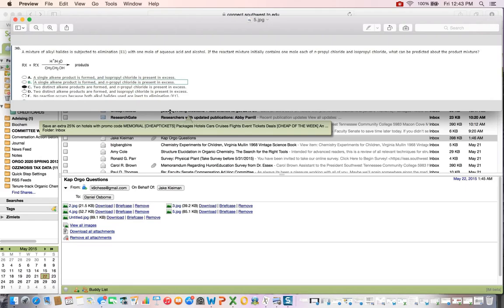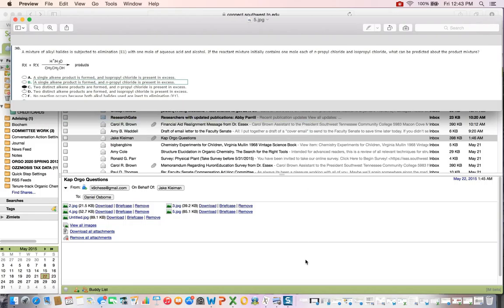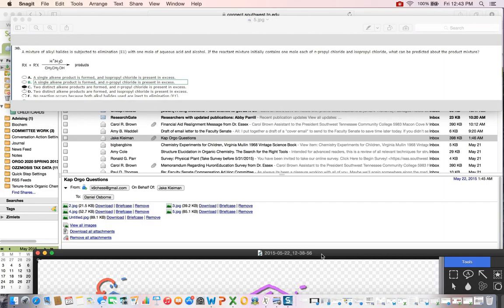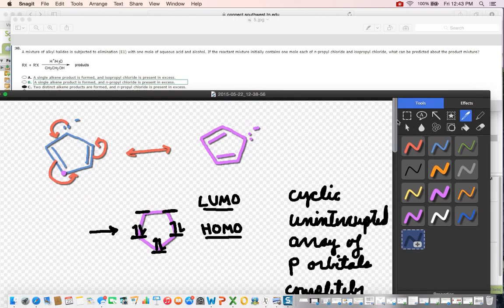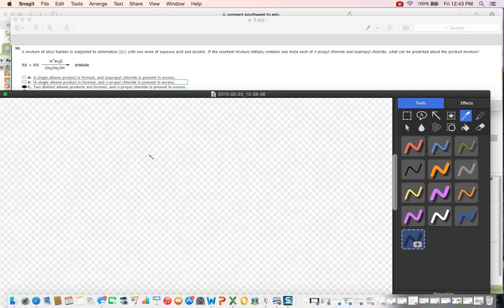If the reactant mixture initially contains 1 mole of each of N-propyl chloride and isopropyl chloride, what can be predicted about the product mixture? So let's put this on our canvas. I have N-propyl chloride and I have isopropyl chloride.